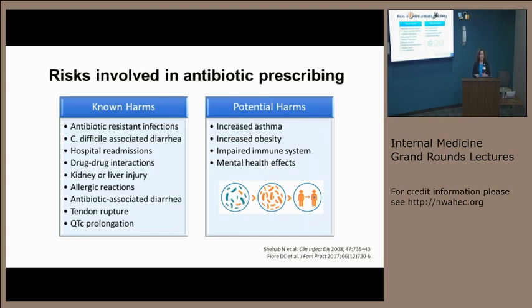But there are a whole host of other potential harms, including C. diff, direct drug reactions, and then potential harms. And this is really an emerging area of research. A lot of the potential harms having to do with changes in the microbiome, but things like increased asthma, obesity, and even some mental health effects.